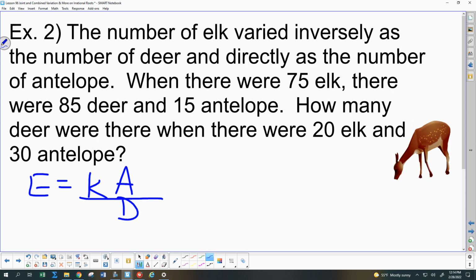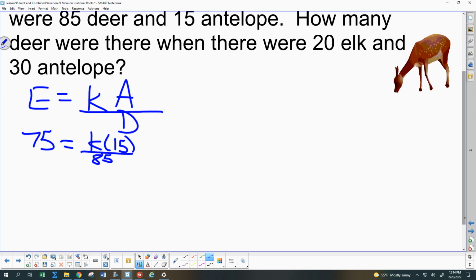Numerator. Plug in case 1 that we know, 75, K. The deer, that was my denominator. And then my antelope, that was the A, so that goes in the numerator. So I have 15 over 85 times K equals 75. What do I multiply to get just K, Kit?